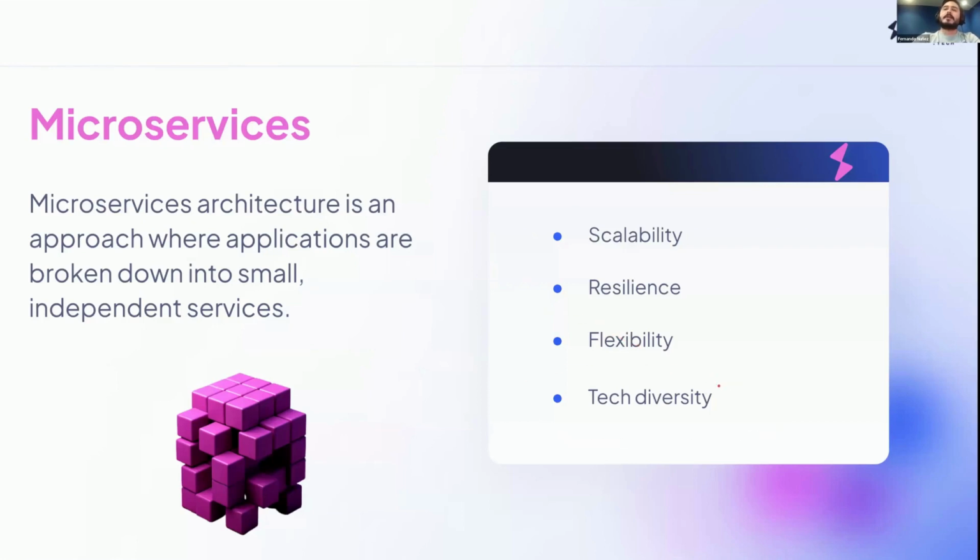And tech diversity, for example, in the language that we use. We can have a service built in Python, and another service built in Node, and they should work perfectly together when we join all the services in a single application.